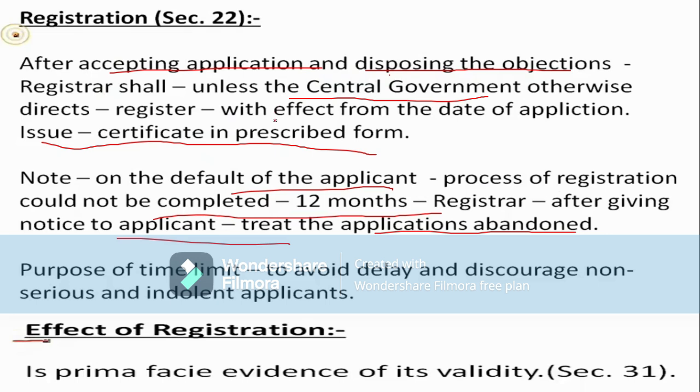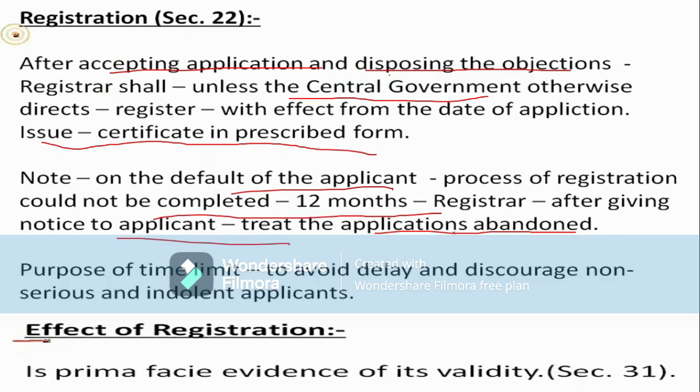If the applicant defaults and could not complete the process of registration in the proper way within 12 months, the registrar will give notice to the applicant. Even though the applicant has not responded, we have to treat that application as abandoned.